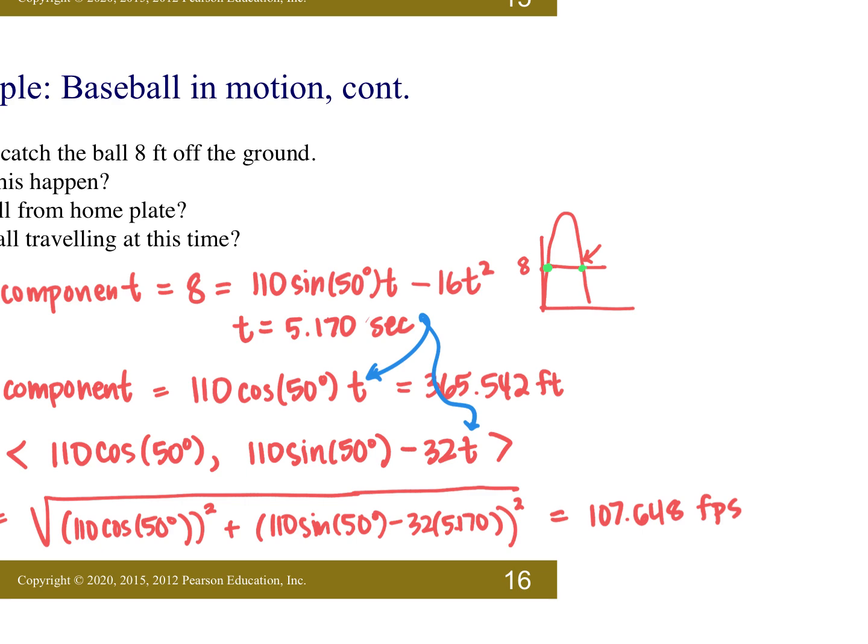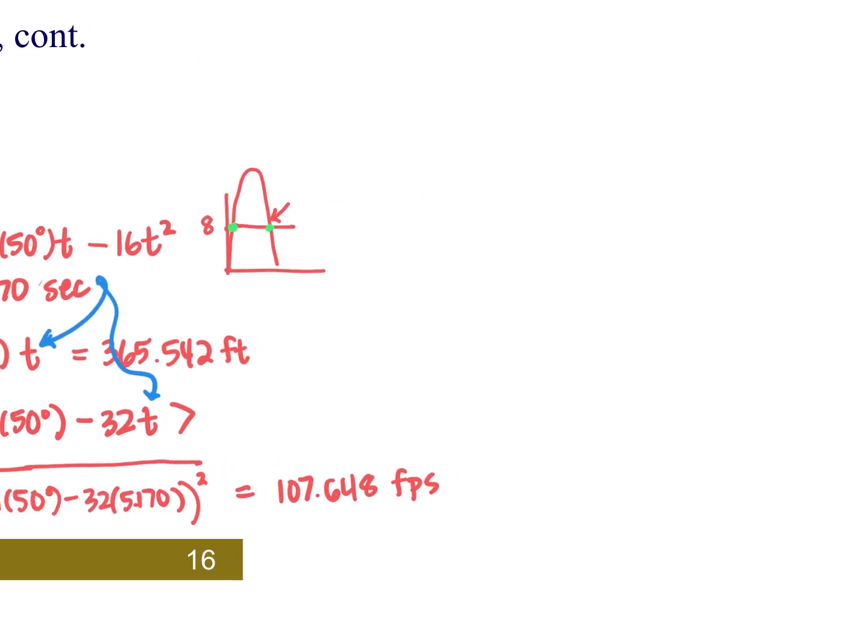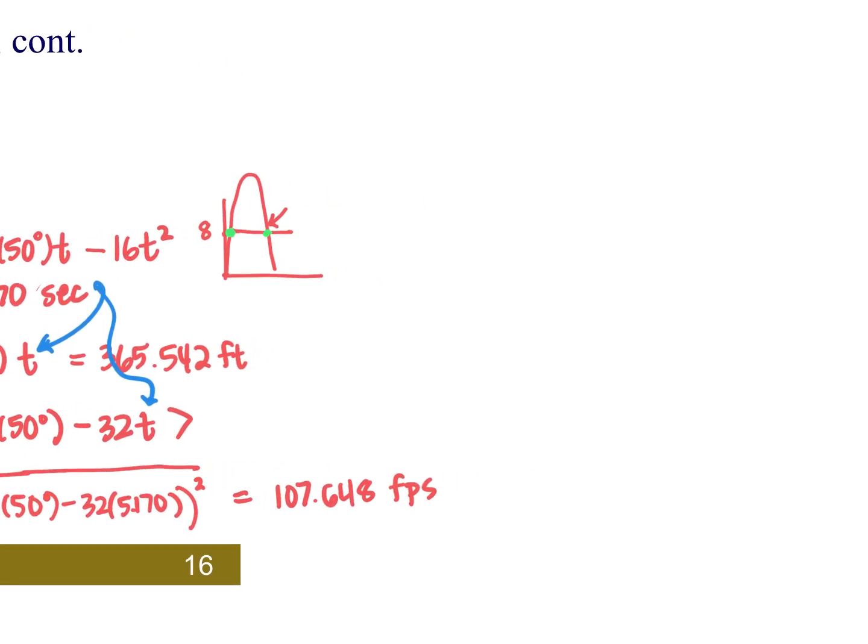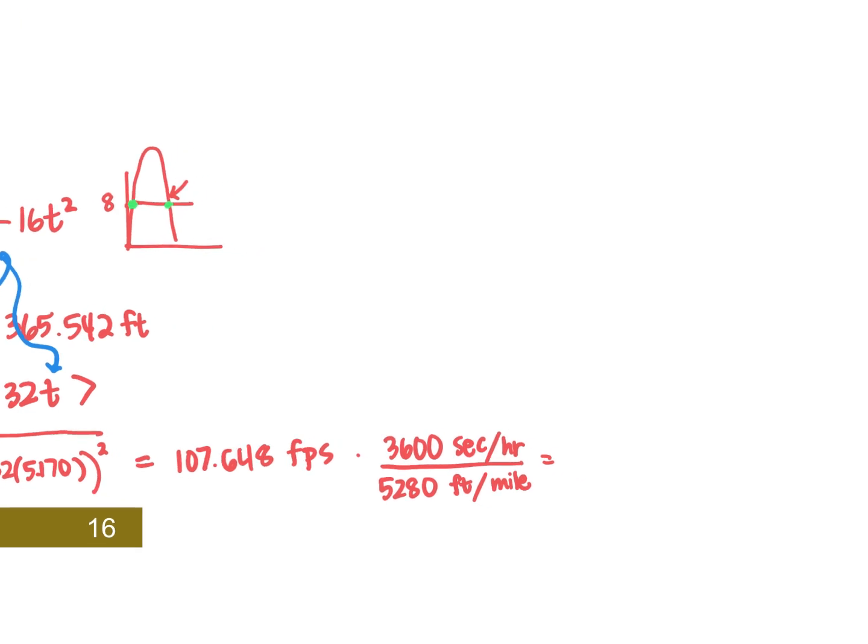Now let's put that into context of how we might better understand how fast that's going. So if I multiply this by 3,600 seconds per hour, and then I divide that by 5280 feet per mile, I'll be able to convert this into how many miles per hour this is actually going.